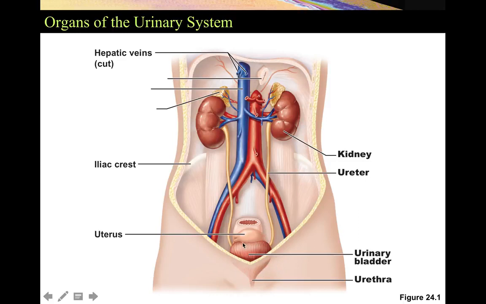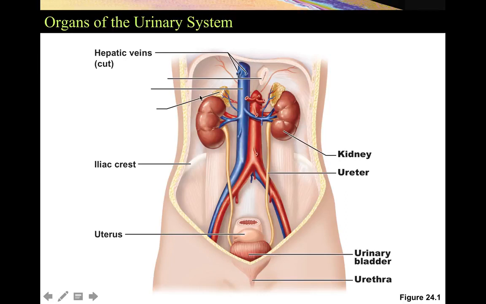In women, you notice that the uterus, which is the womb, sits right above the urinary bladder. And the tube that opens up to the outside is known as the urethra. Something to note in this picture is that the right kidney sits slightly below the left kidney.